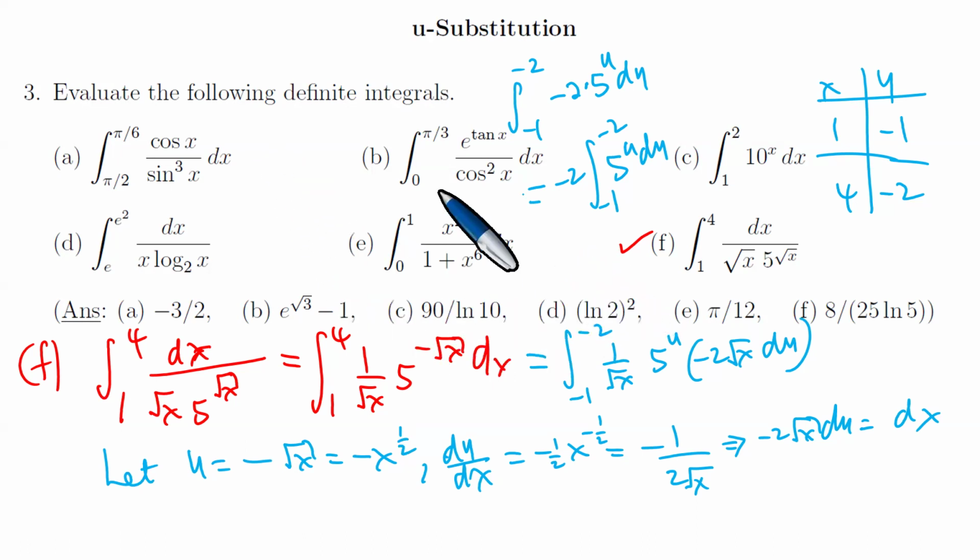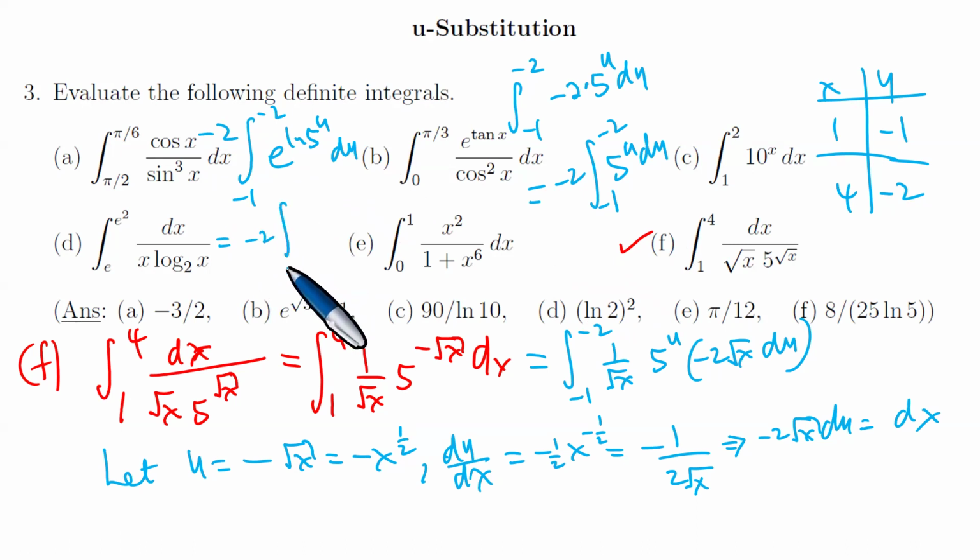Okay, now we have this one, which is e to the power 5 to the u du, which is e to the u ln 5 du.